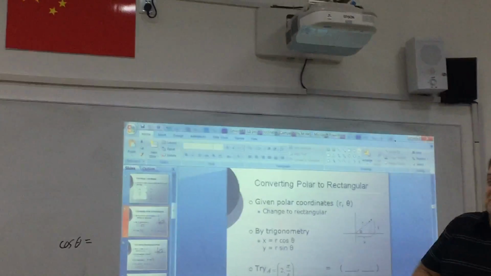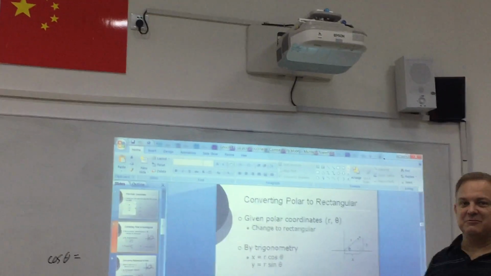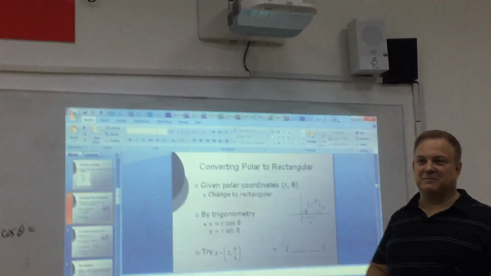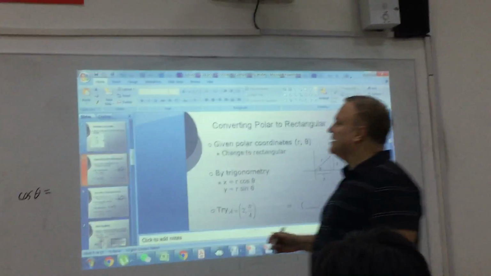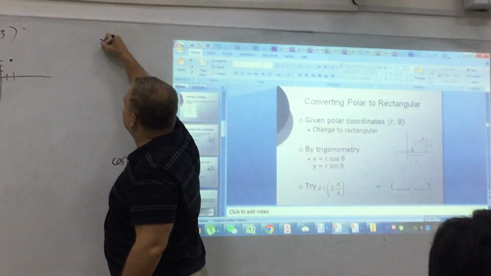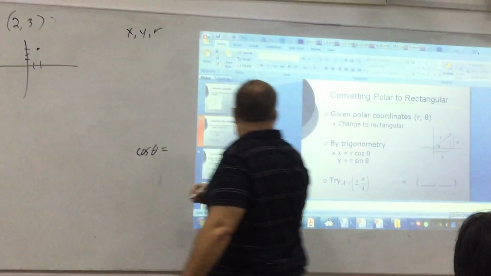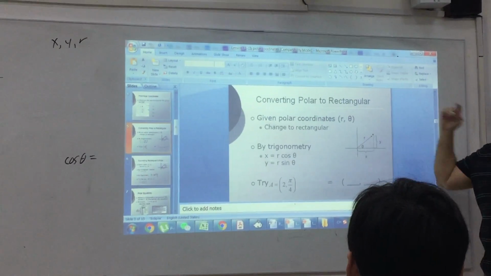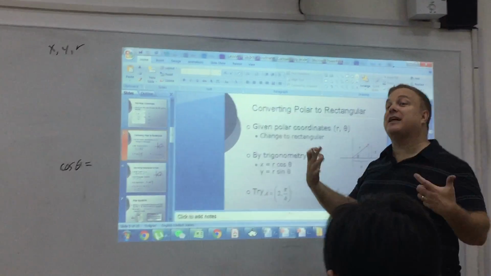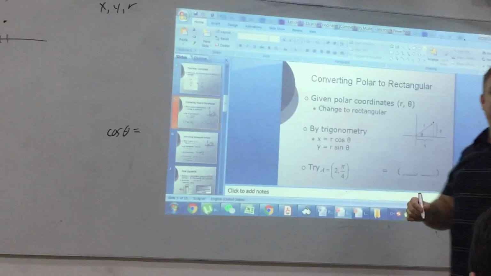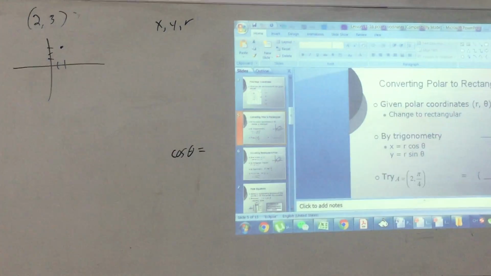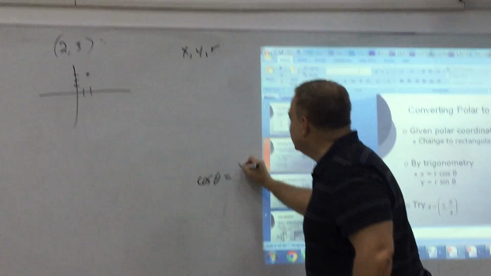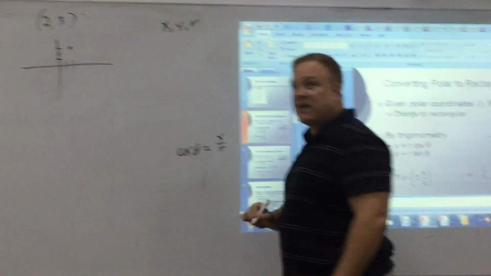It was like something divided by something. So if you have the letters x, y, and r, because think about it, this triangle has 3 sides, x, y, and r. Using those 3 letters, how can you define the cosine? X divided by r.